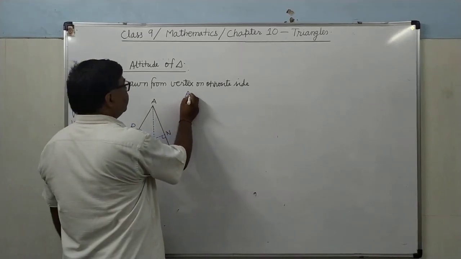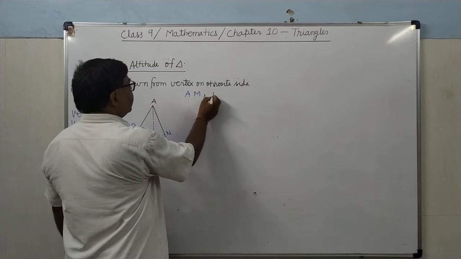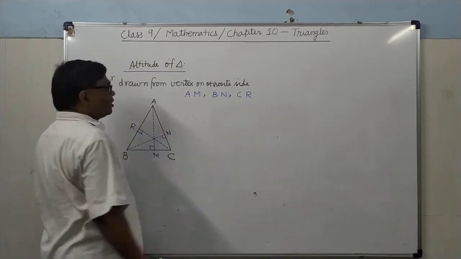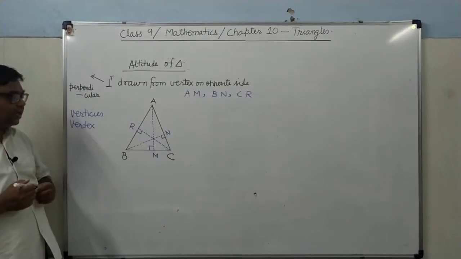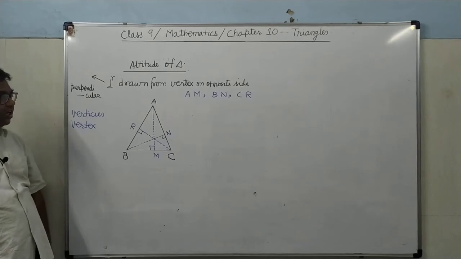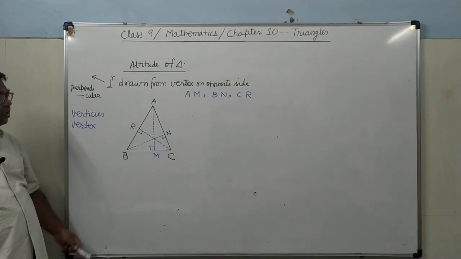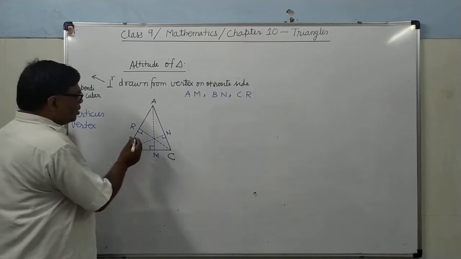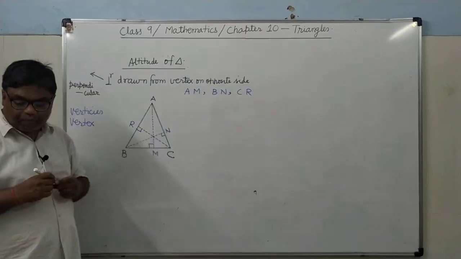AM, BN and CR. These are the three altitudes of the triangle. Now if you see here, these altitudes are intersecting at which point? They are intersecting at the point O.